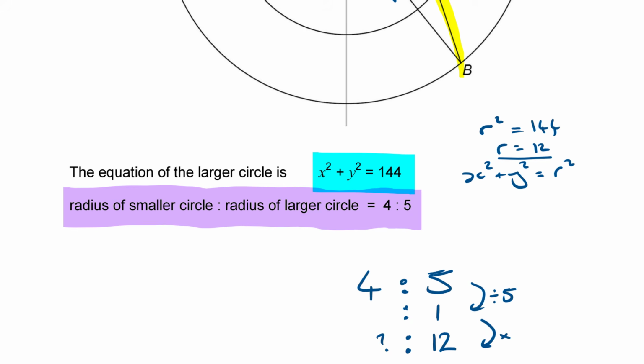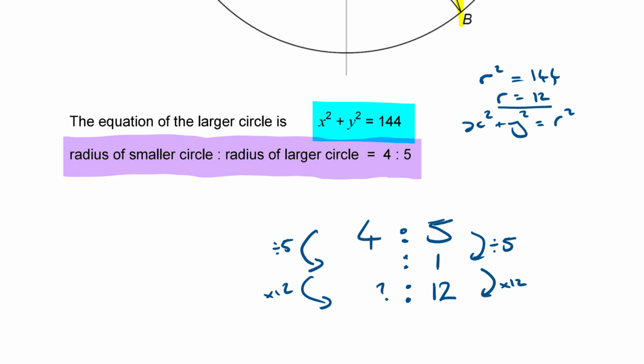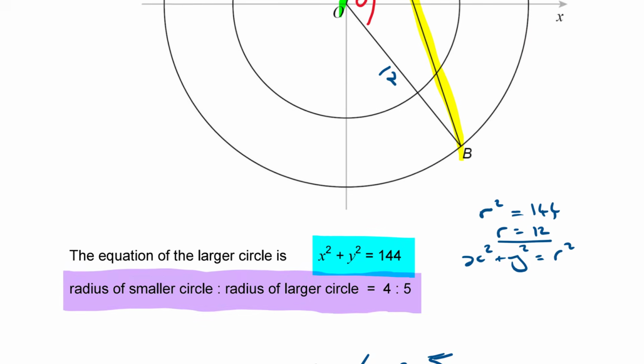If I then times it by 12, I get 12. So if I do that to the other side, 4 divided by 5 and then times by 12, I should get my radius of the smaller circle. So that is going to be 4 divided by 5 times by 12. That's 9.6. So the radius of the smaller circle is 9.6 centimeters.